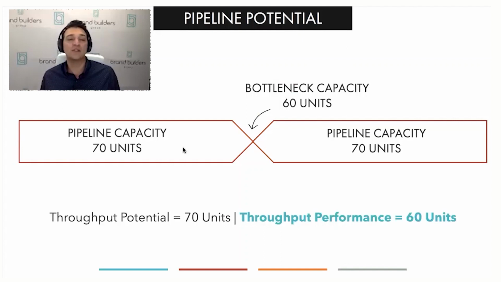Well, that means the throughput performance is 60 units. So the fact that this second pipeline has less throughput potential is irrelevant. Even though it has less potential, it has a higher performance because the capacity of the bottleneck is higher. This concept is a really important, big concept.